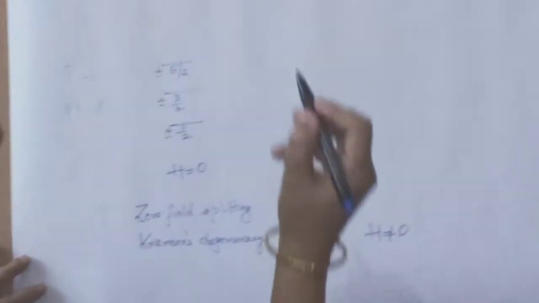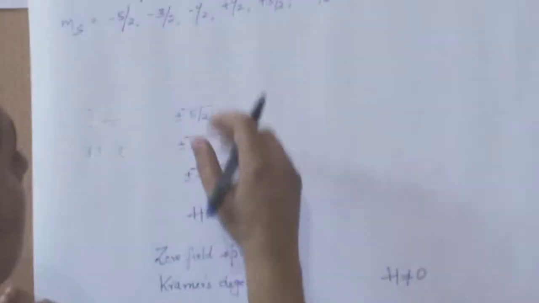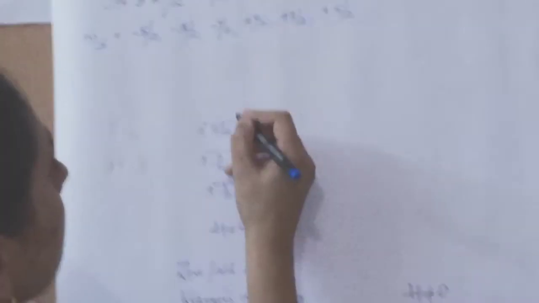Now what happens when you apply a magnetic field? The degeneracy of each level is lost.